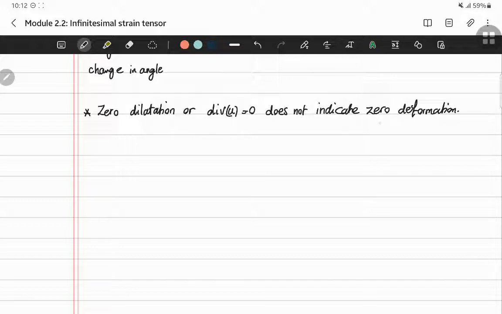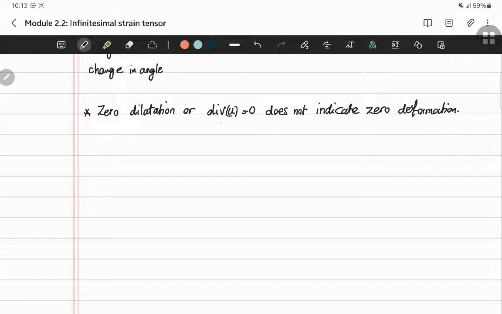These are the kinds of stresses that don't cause any change in volume, or they give zero divergence, but they definitely cause some deformation.